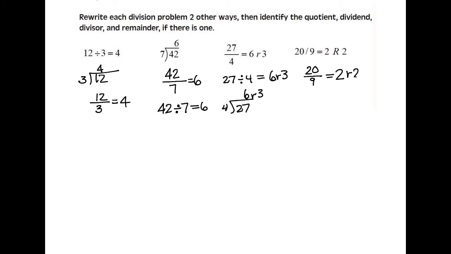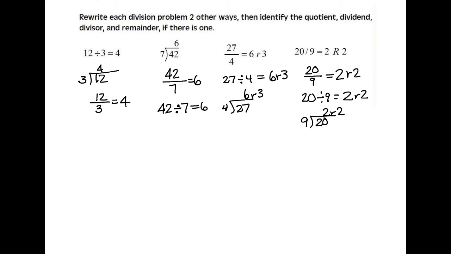And you have to use a capital R? No, you can use lowercase, capital, it doesn't matter. Then 20 divided by 9 equals 2, remainder 2. And 9 goes into 20 2 times with 2 left.